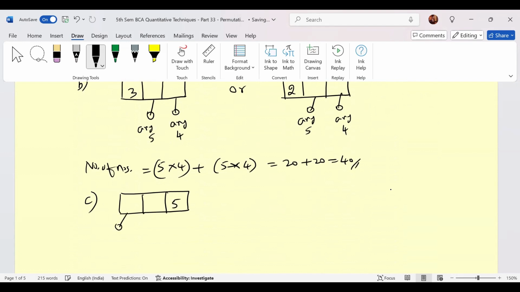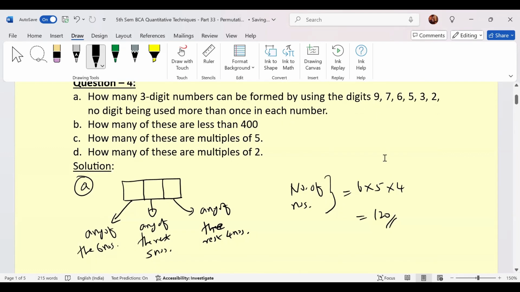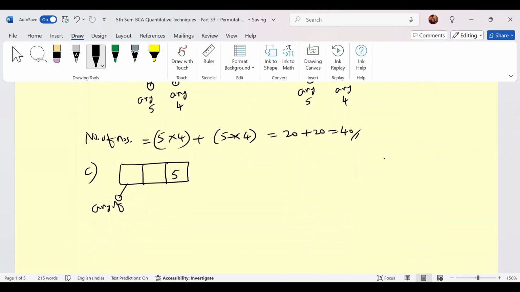So this can be occupied by any of the balance 5 numbers, any of 5. This one can be occupied by any of 4. So therefore, number of numbers will be 5 into 4, which is 20.